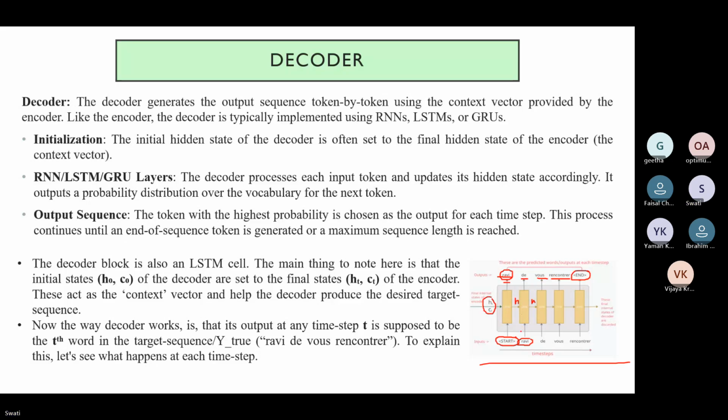The main advantage of this is that it will reduce the convergence time. You can reach the minimum loss faster if you do this. Instead of taking the predicted value, give the actual value to the next timestamp.